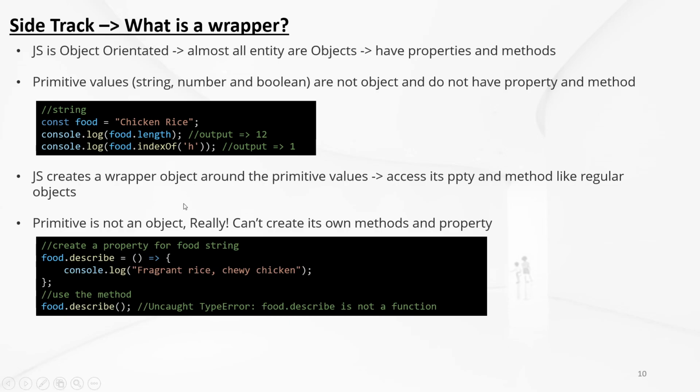As you can see from the example below, for this food primitive value that I have earlier, which is a string, I try to assign its own property, its own method called describe, and this describe method will do a console log to publish this particular statement: fragrant rice chicken, chewy chicken. And when I try to run it, I get an error called Uncaught TypeError that says it's not a function.